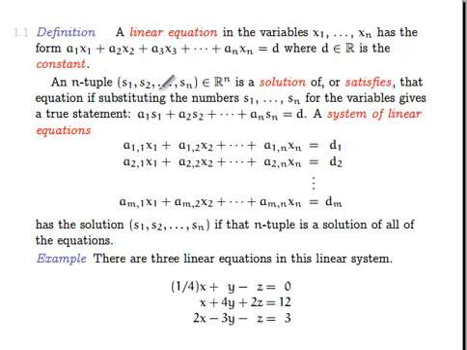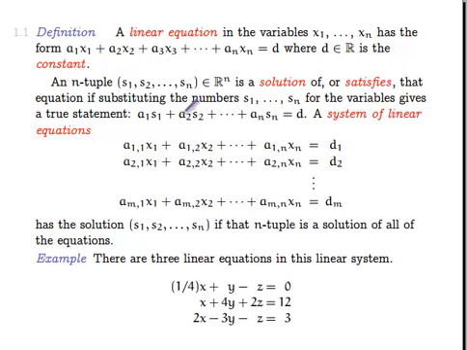This is a vector with n entries, and we can consider that as an element of n-dimensional space. Now, this collection of n numbers is a solution of such an equation if you substitute the s's in for the x's, and you get a true statement. Okay? And that's the solution for a particular linear equation.